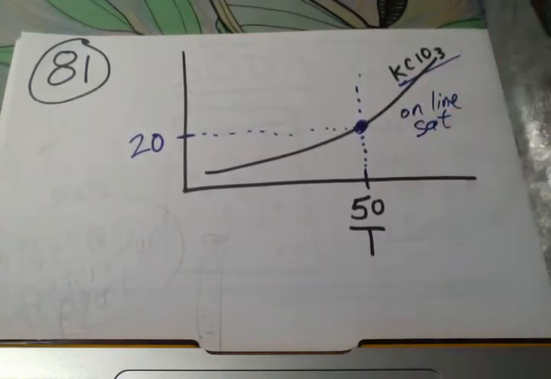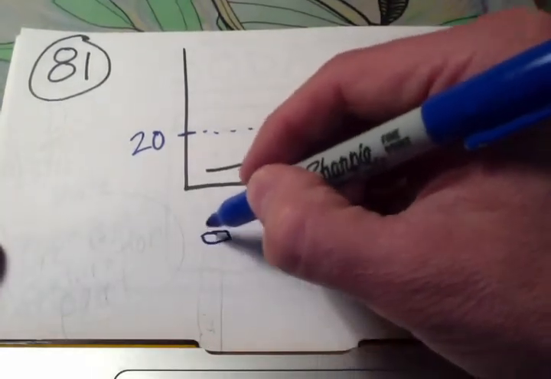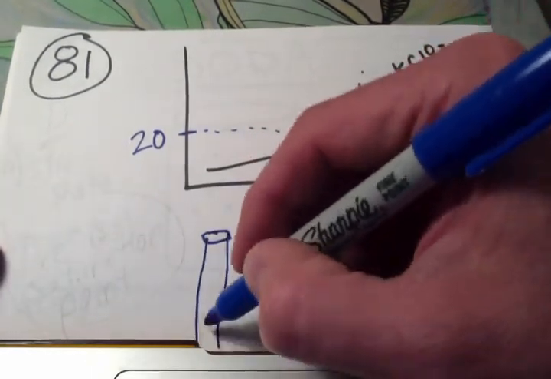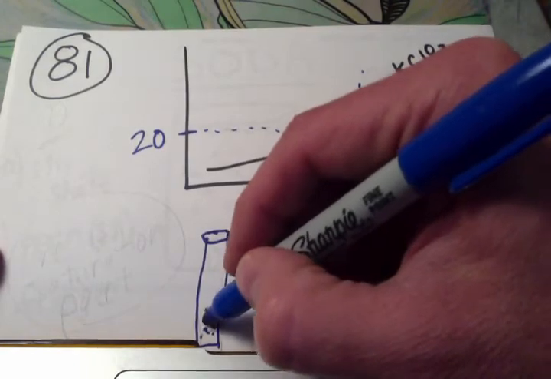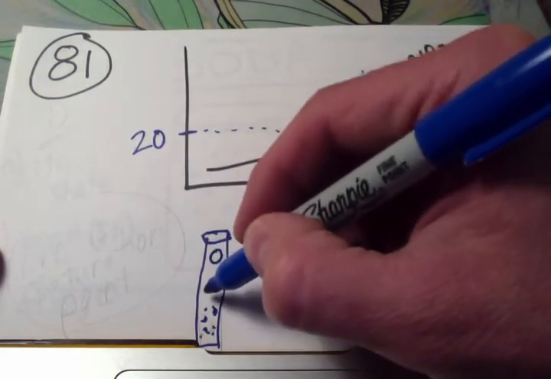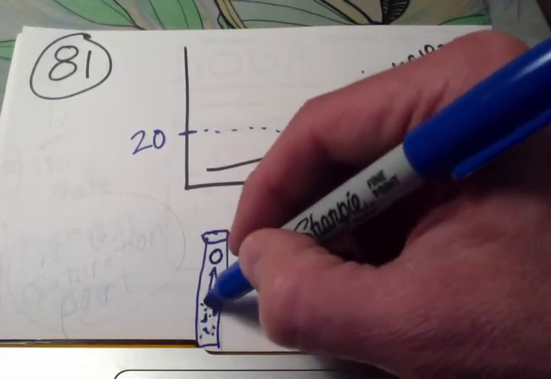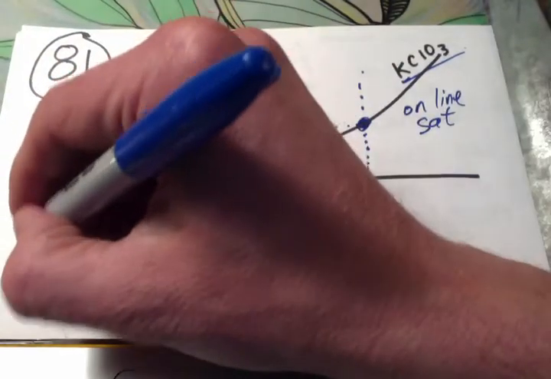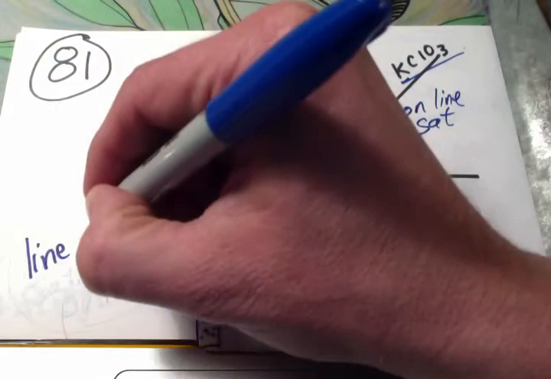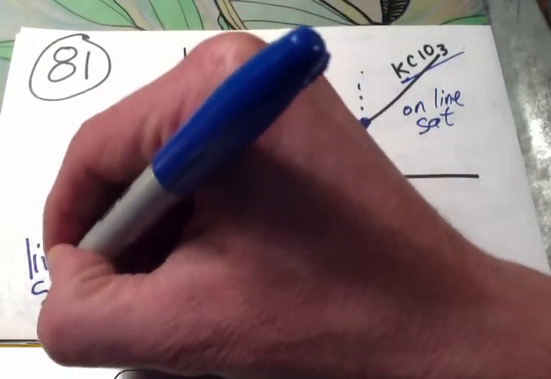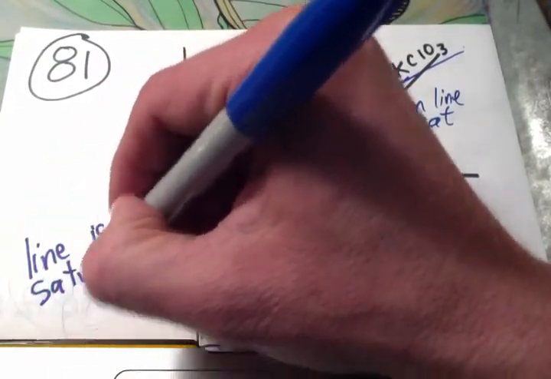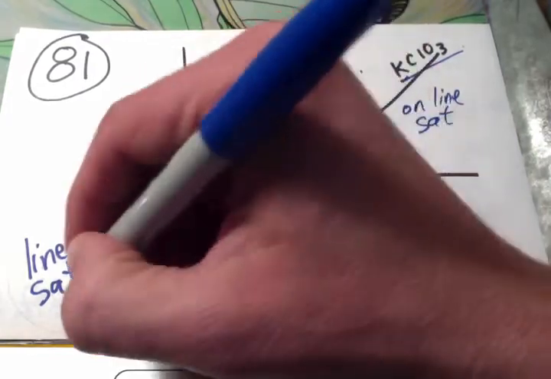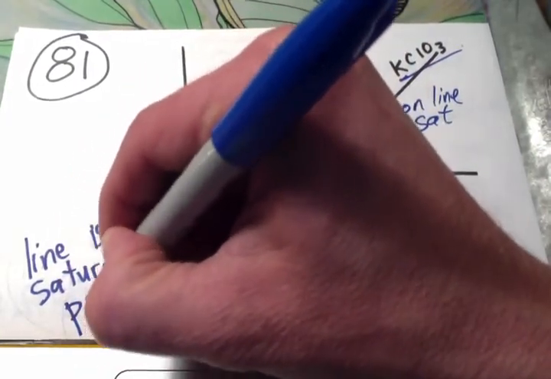Think of our golf balls, please. I've been trying to keep those solutions saturated. As that salt dissolves, more and more the golf ball would float. So saturate is just how much of that salt can I dump in there. So on the line is your saturation. That is how much you can dump in there.